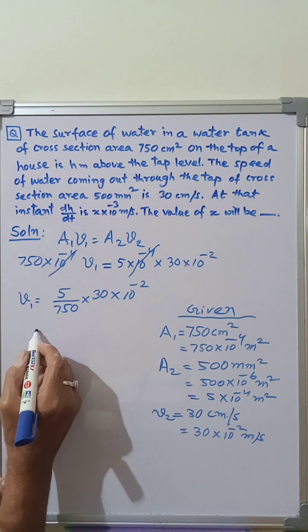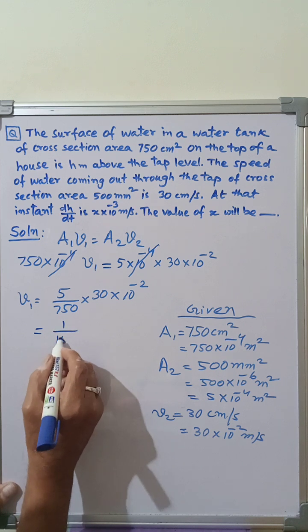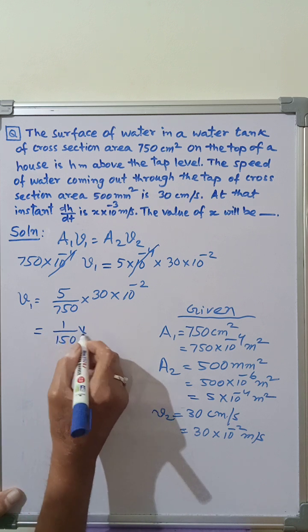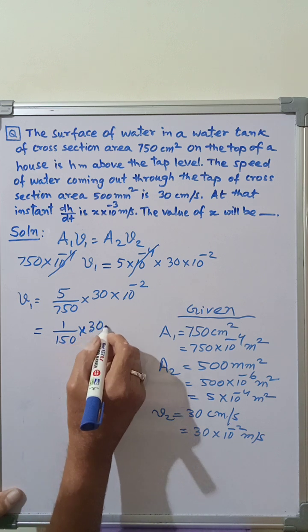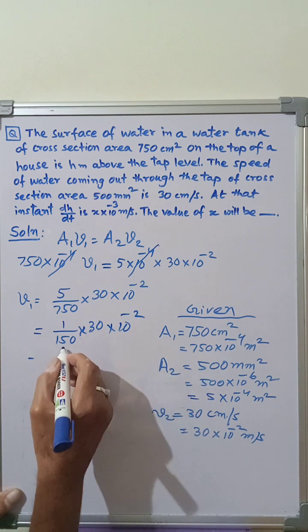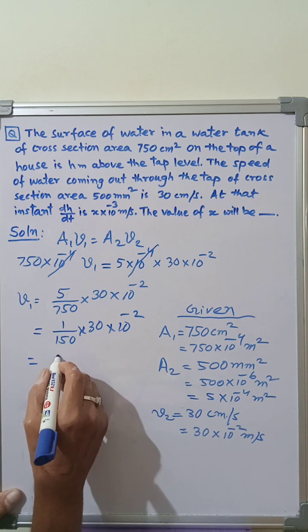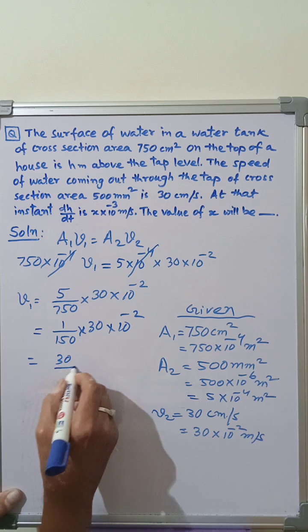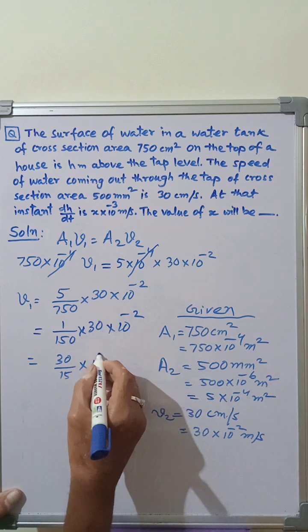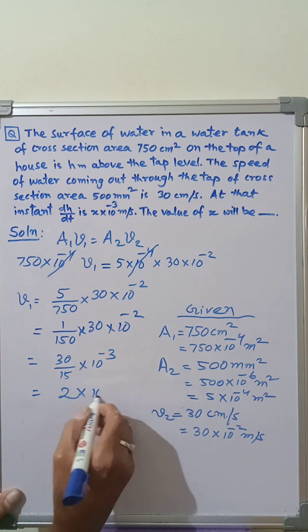Now 5 by 750 can be simplified to 1 by 150, cancelling 5 throughout, into 30 into 10 to the power minus 2. That means 30 by 150, we can still write as 30 by 15 into 10 to the power minus 3, which is equal to 2 into 10 to the power minus 3.